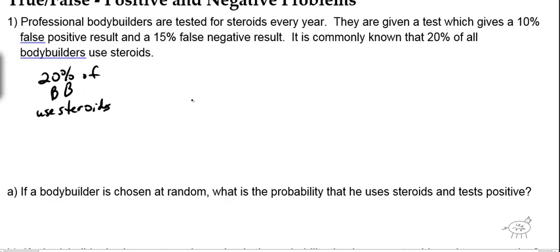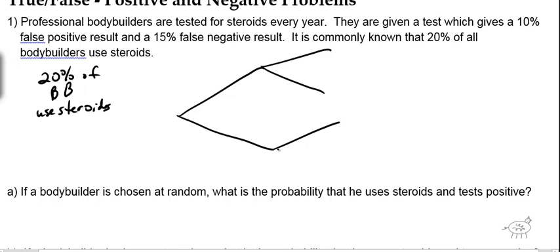Okay, so I'm going to make a nice tree here. And basically, I'm going to say this one's use steroids, so I'm going to call it roids, just to shorten it. This one uses roids, and this one doesn't, so don't use roids. And 20% use steroids, and 80% don't.